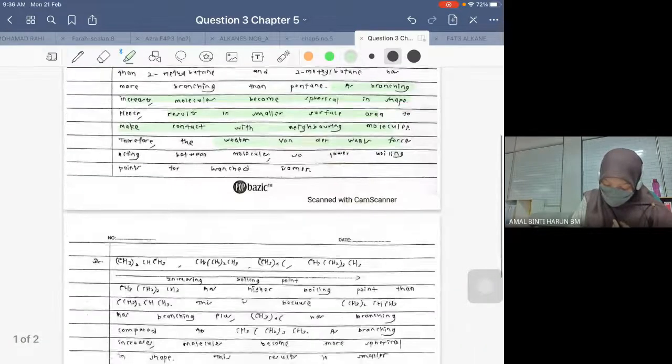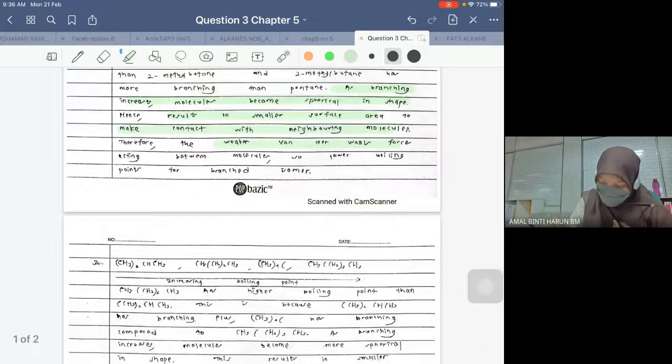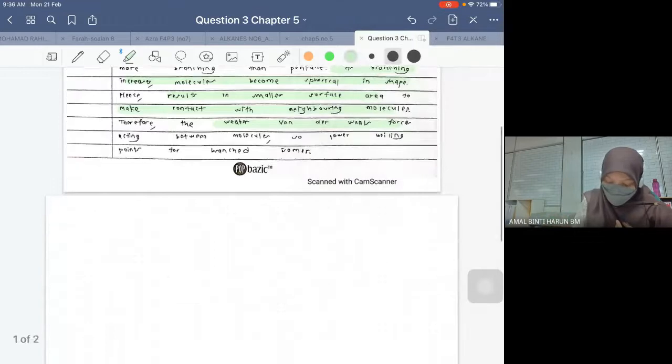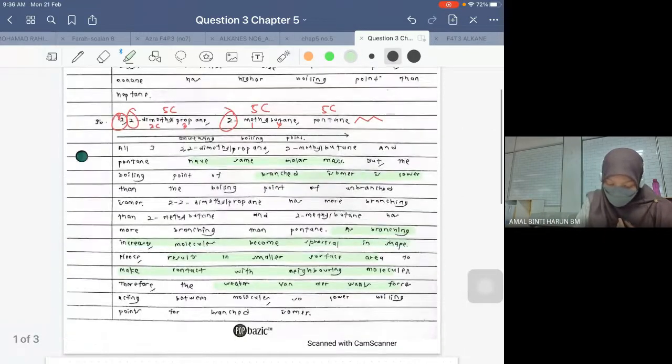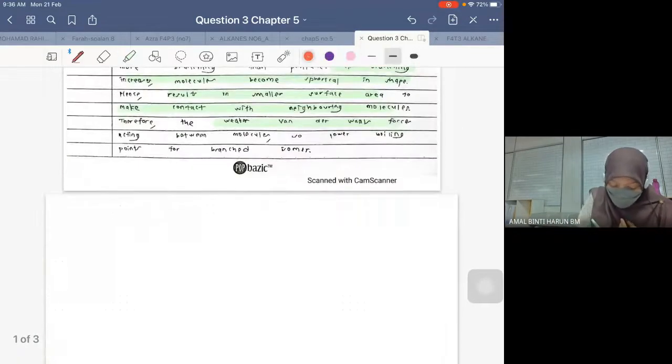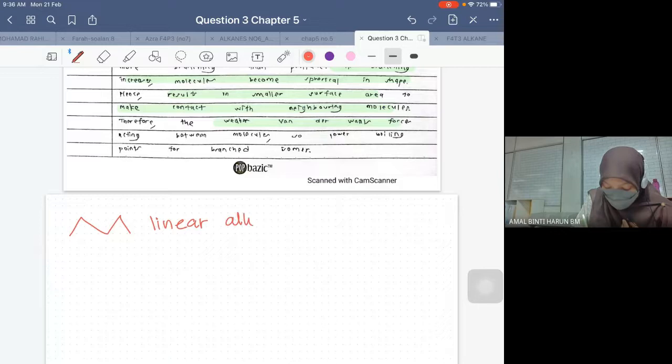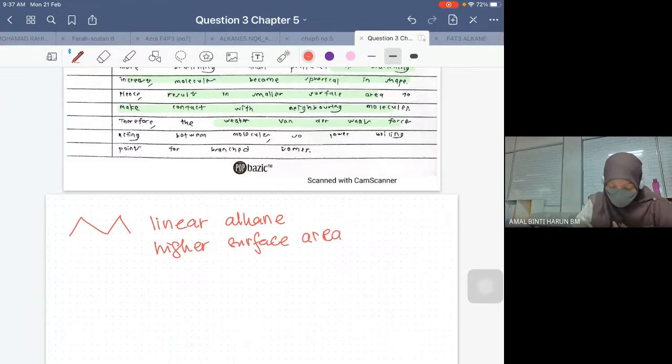Okay. So dekat sini kita boleh buat conclusion daripada jawapan Sharon ni. For the linear alkane, higher surface area. Okay, apa kena mengena dengan surface area ni? So ni 1, 2, 3, 4, 5.